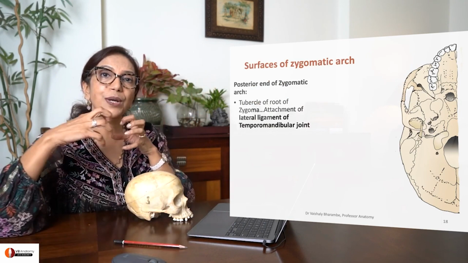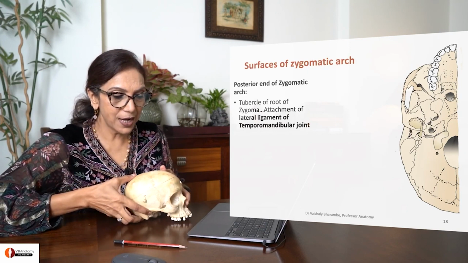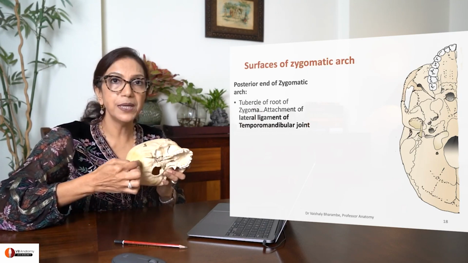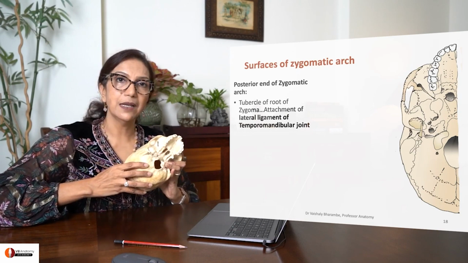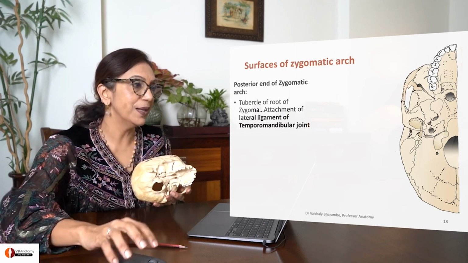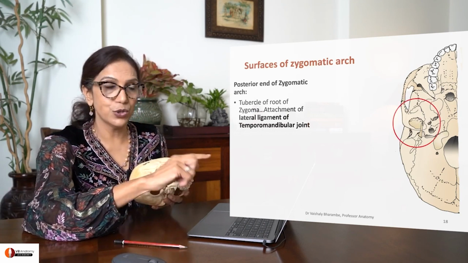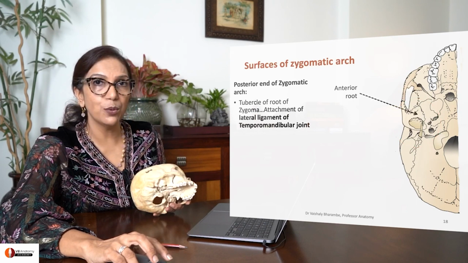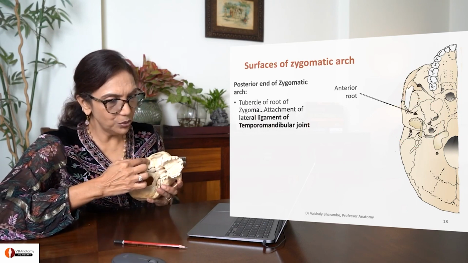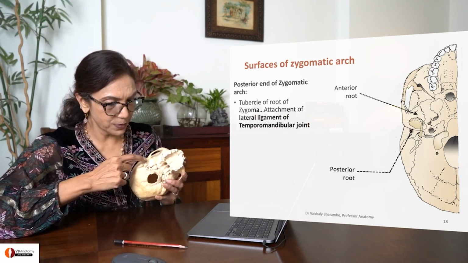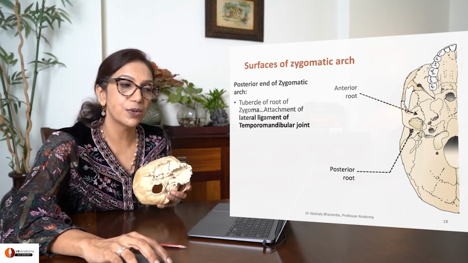I want to draw your attention now to the posterior end of the zygomatic arch. See, this is the zygomatic arch. I want you to come here and turn the skull a little bit so that you can observe it also from below. As you can see, as the zygomatic arch comes backwards, it divides into a root that goes anteriorly called the anterior root and a root that goes posteriorly called the posterior root.